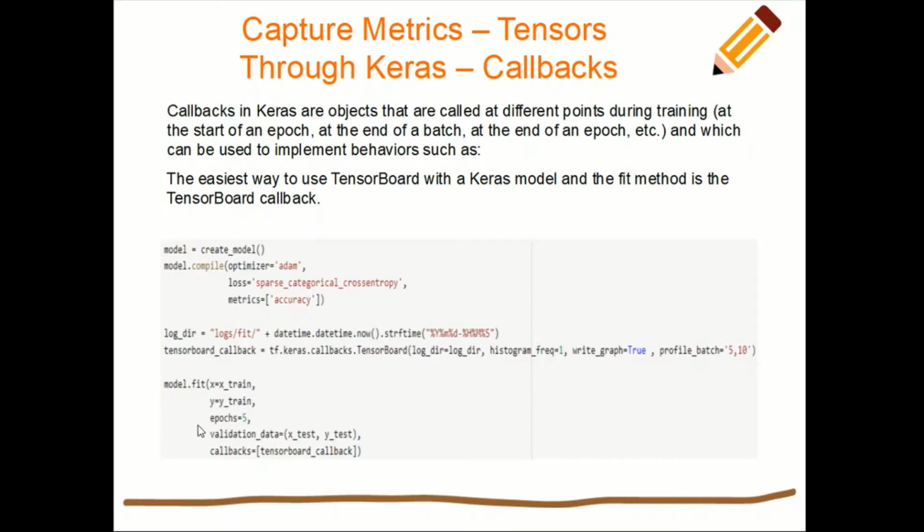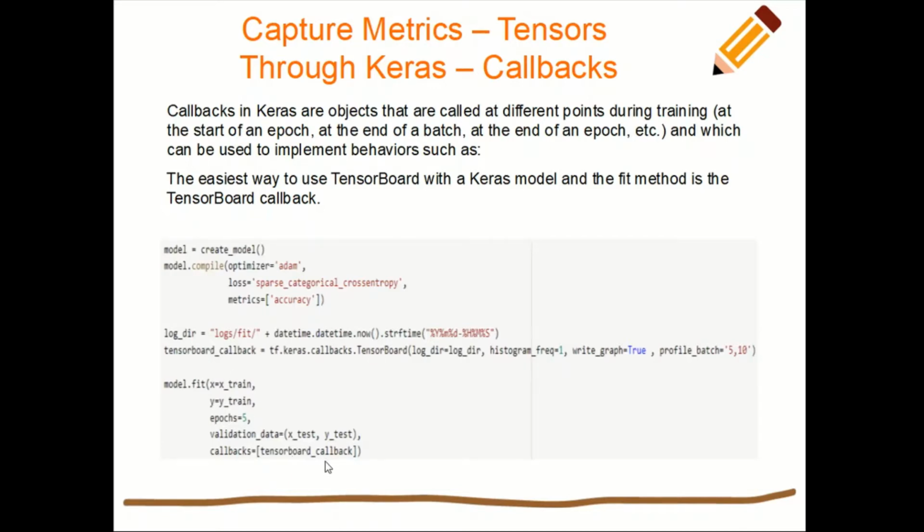Okay, and we can give the epochs over here, which batches we want to profile and all. And then how do we call it? In the model.fit method, there is an option wherein we can say callbacks equal to the list of the callbacks. So in this particular case, we have only one callback, tensorboard_callback. So we just give this callback, and that's pretty much it.